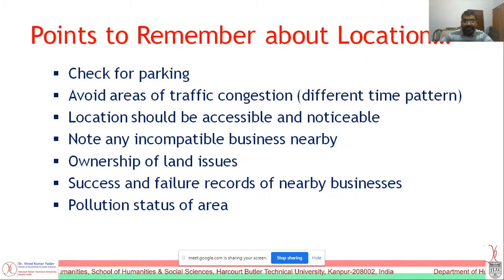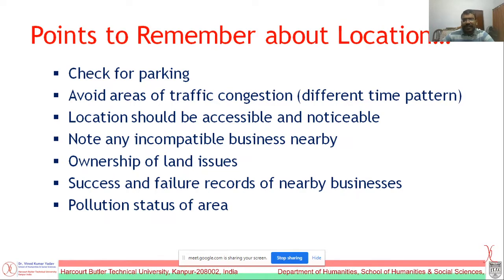Why do we say incompatible? Because you can understand that in the case of a chemical industry, there are so many pollution related norms, hazardous norms, which may have some incompatibility with certain businesses.